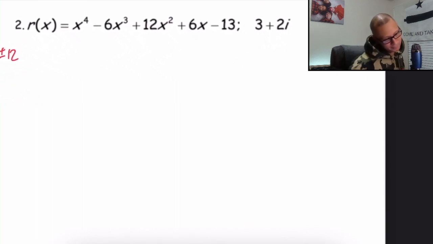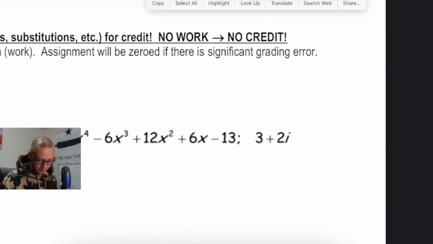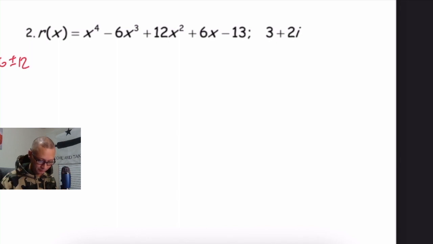Okay, number 2. Okay, the root that they give us, the complex number, 3 plus 2i. Immediately, we know the second root, or we know a second root, right? 3 minus 2i. Complex numbers, i's always come in pairs.